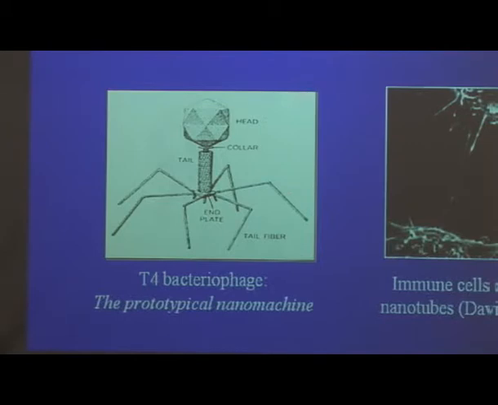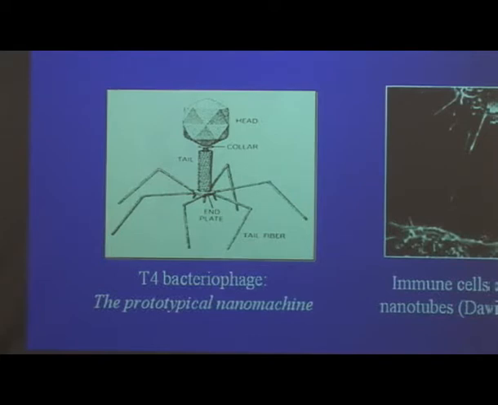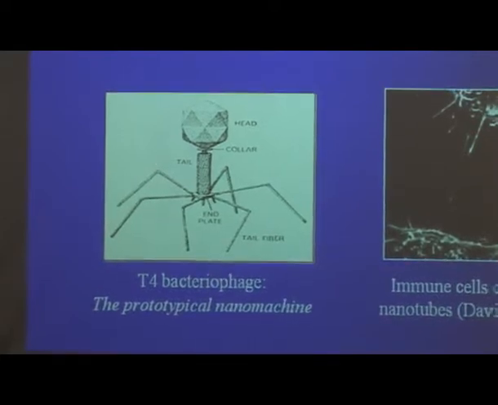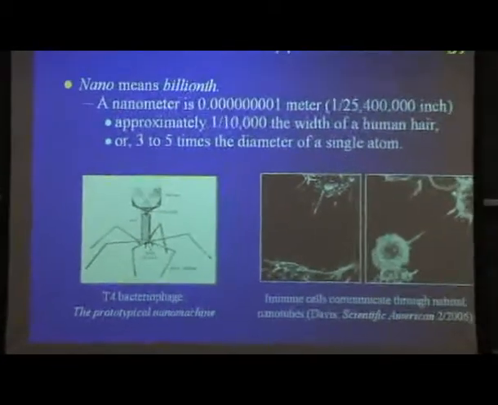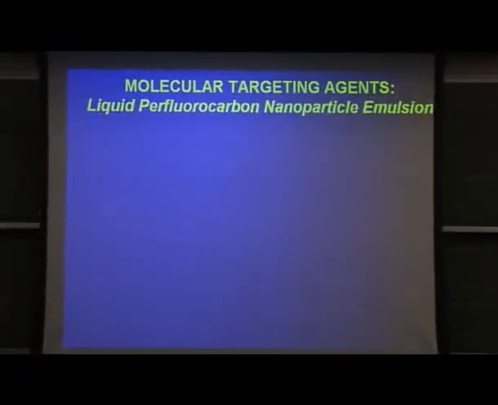And this thing basically grabs onto a cell through recognition sites, and when this grabbing event occurs, a signal comes up here to pump the DNA or RNA out into the cell, and that's how it transfects. So this is a little nano machine, and all it does is it grabs on and injects its stuff, and then it's done with its job, and then that stuff goes in, hijacks the cell DNA machinery, and makes more of these to do the same thing. So these are all things that sort of are around us all the time.